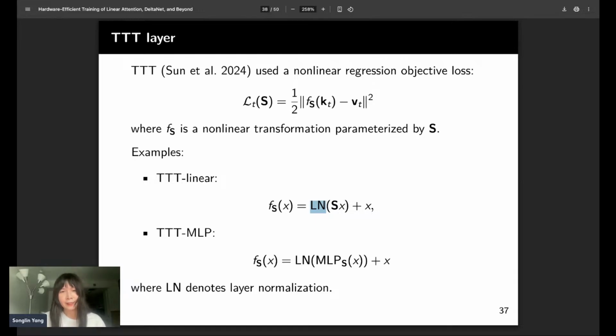So the resulting TTT-Linear model is a nonlinear model. They also have several very expressive variants. For example, TTT-MLP, they use a multi-layer perceptron to encode this nonlinear transformation, which makes the model more expressive.